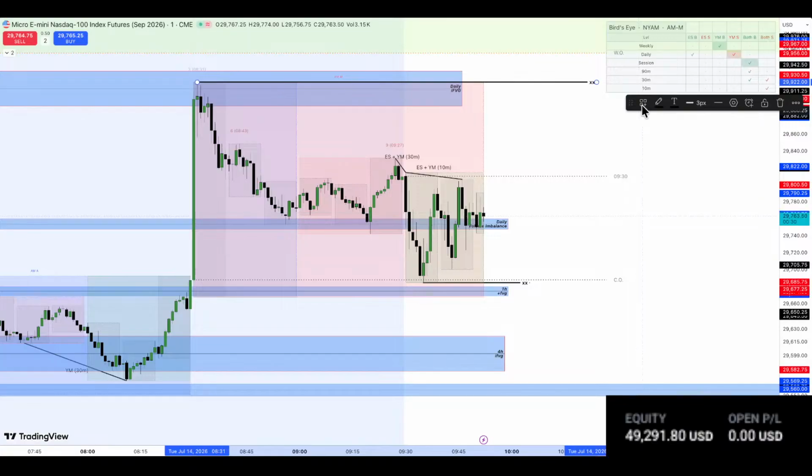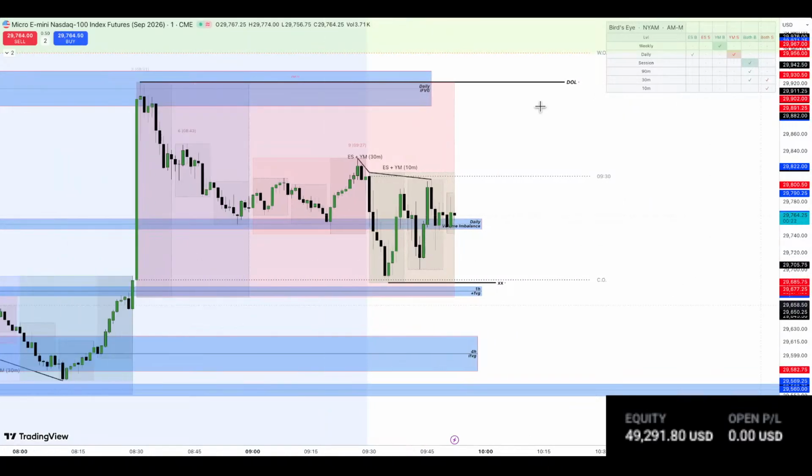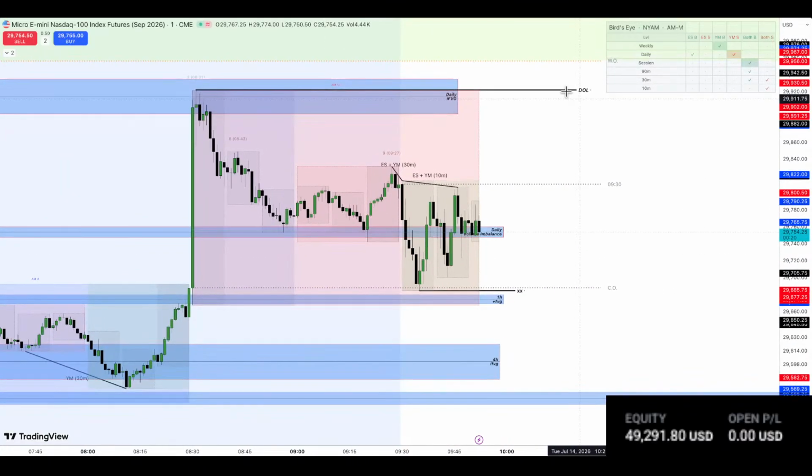Let me mark this one so that it would be clear. So this is my objective, to attack this through an SMR or change in state of delivery.